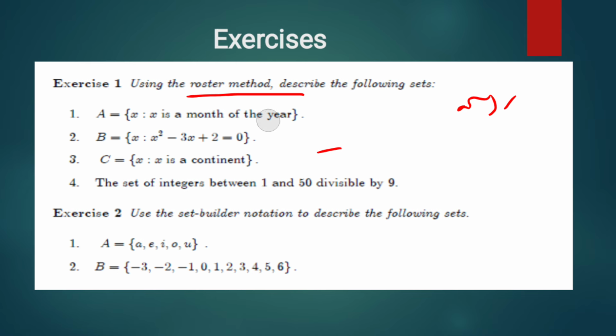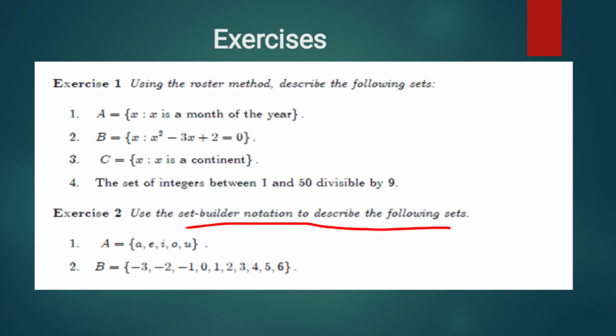I expect you to solve the rest and bring the solution during our first class. Next to it is exercise 2, which says use the set builder notation to describe the following. With set builder notation, you write the set in the form of an equation like you have here.